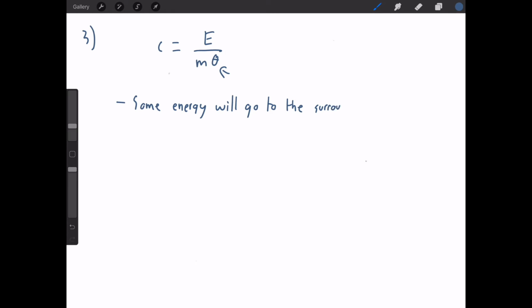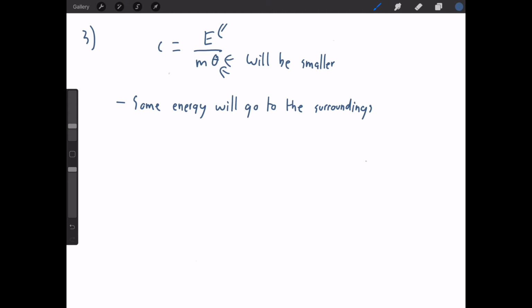So that's not what we assumed. We assumed that all of the energy has been transferred into increasing the temperature of the metal block, but in actual fact some of the energy will have gone somewhere else. So this temperature change will be smaller than what it should be, because not all the energy is actually going into heating the block up.